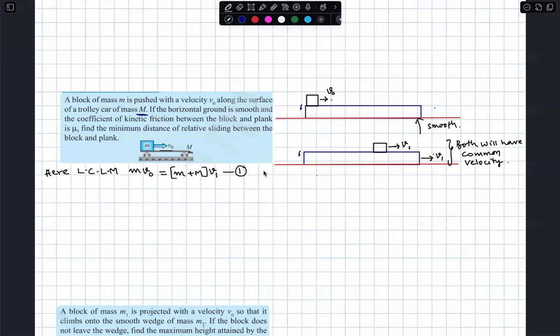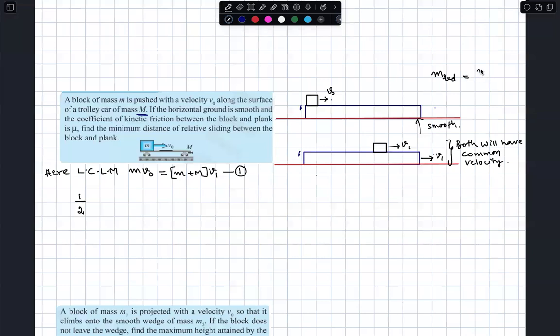You want the minimum distance of relative sliding. Yes. Now, from here, you apply it in terms of the C frame of reference. In the C frame of reference, the initial kinetic energy is, I am using a word called mu, but I cannot use mu because you will get confused with friction here. So use M reduced mass.